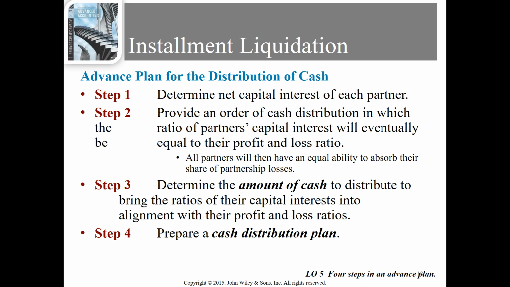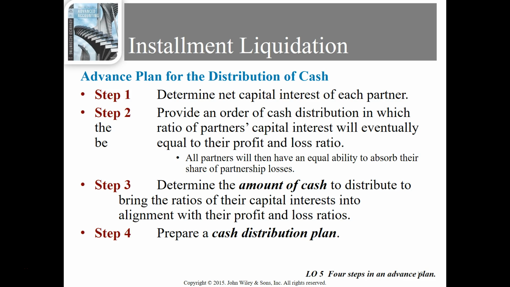So, what we want to look at is an advance plan for the distribution of cash. Step 1, determine the net capital interest of each partner. Step 2, provide an order of cash distribution in which the ratio of the partner's capital interest will eventually be equal to their profit and loss ratio.